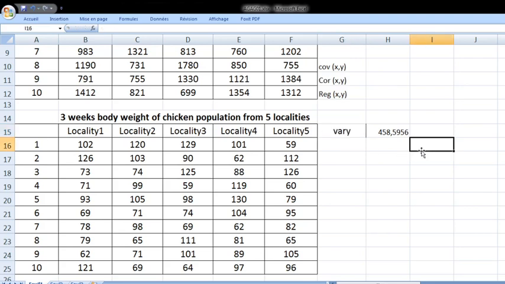Alright, so at this juncture I have almost all the data I need. Good.